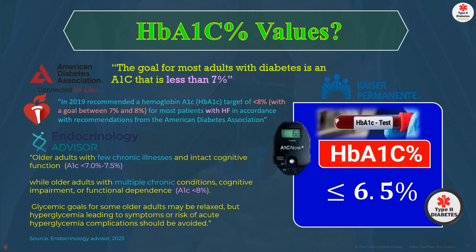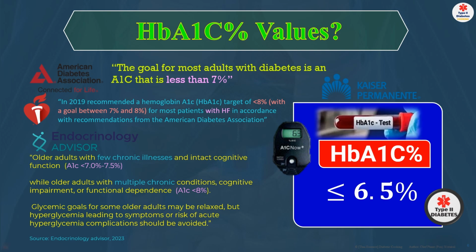It's all kinds of things they don't agree on. All the institutes do not agree, because the American Diabetes Association says less than 7.0. But let's go back to 2019. The heart association's is less than 8%, but between 7 and 8, those kinds of things.